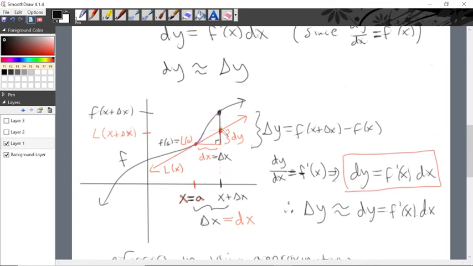The point on the tangent line at x plus delta x would be this point right here, and its y value for the output would be L of x plus delta x, because it's coming from the tangent line. But x plus delta x plugged into the function itself would output the y value at this point right here.